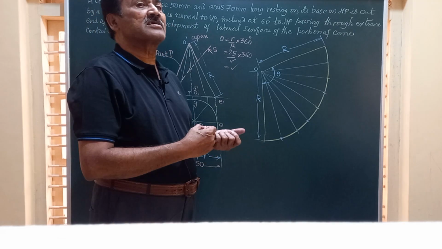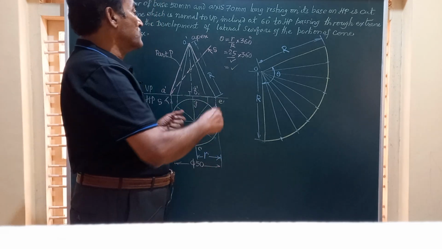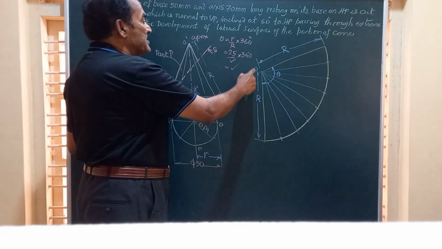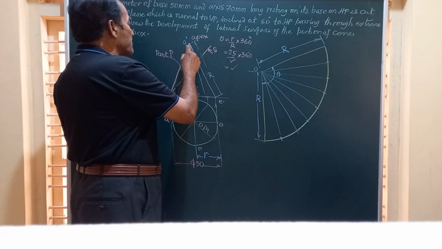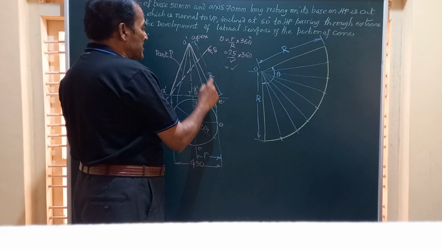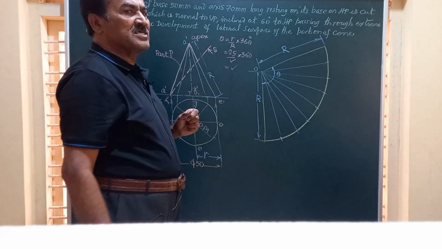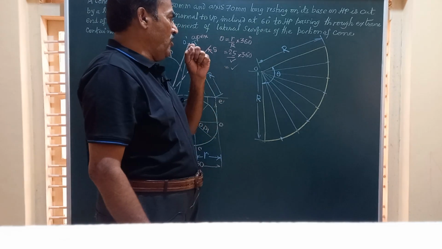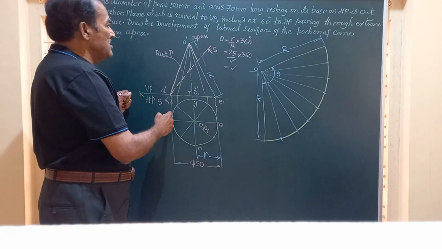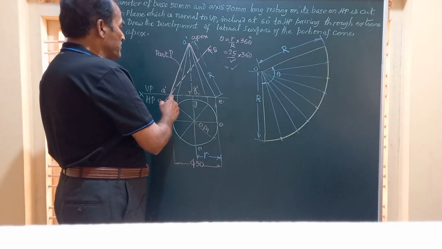And next comes the positioning or starting of the development, whether to start from O dash A dash or O dash E dash is the question. Generally, friends, you have to start from a point.